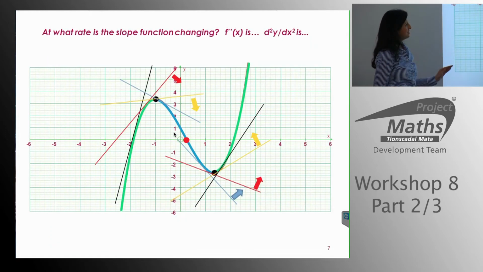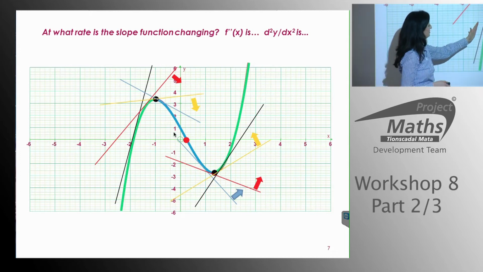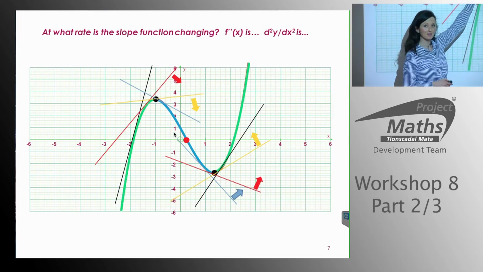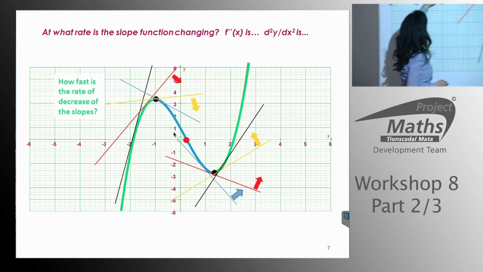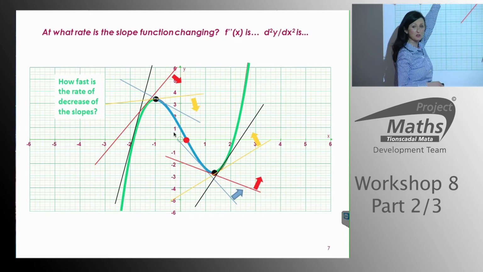Now, the next thing you have to consider is at what rate is the slope function itself changing? Here we have that my slopes are decreasing. So the question is, how fast are the slopes decreasing? It's sort of like, what is the rate of change of the rate of change? So we're going here for the second derivative, aren't we? That's what we're talking about now, second derivative.